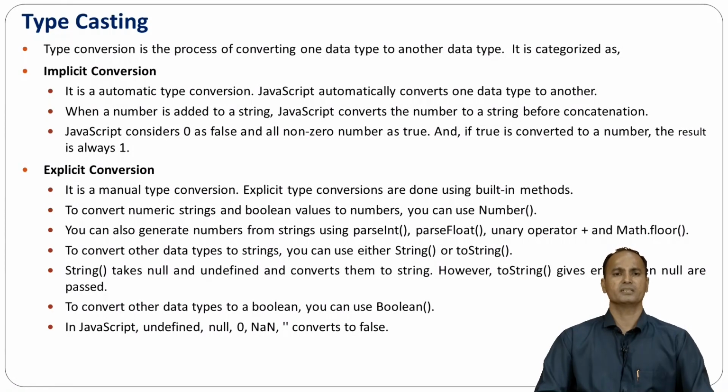To convert other data types to strings, you can use either String or toString methods. String takes null and undefined and converts them to string. However, toString gives an error when null is passed. To convert other data types to a Boolean, you can use the Boolean function. In JavaScript, undefined, null, 0, and NaN convert to false.